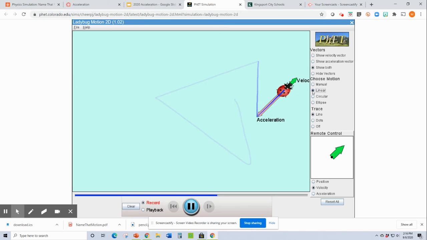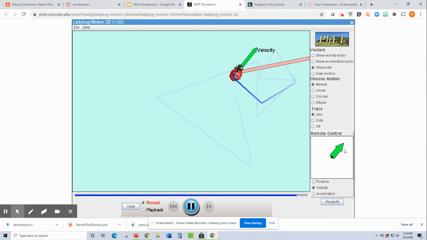Here's linear if you want to have it go there. I'll do the remote control pad. That seems to be a little easier. But the big thing we want you to notice is that it's that combination of the velocity vector and the acceleration vector that describes the motion.